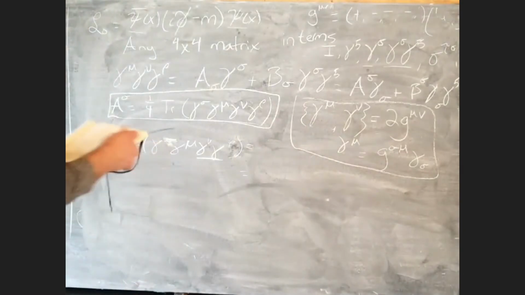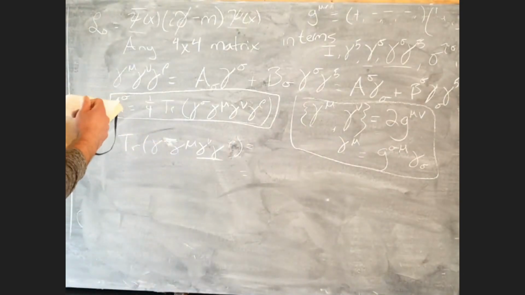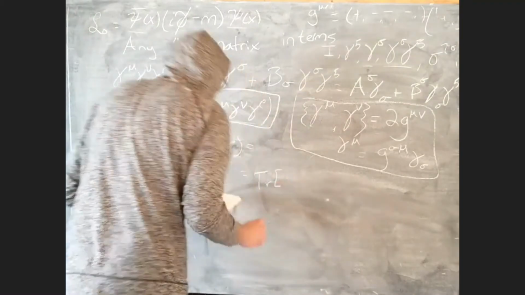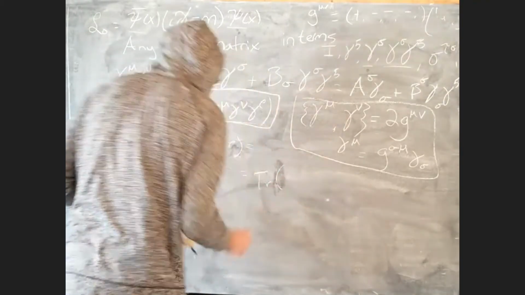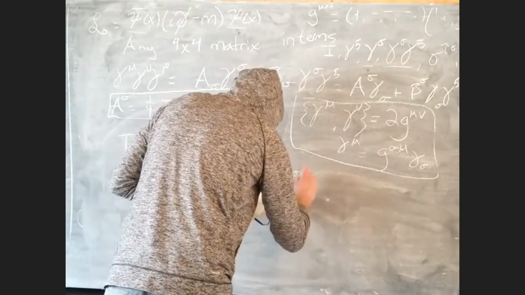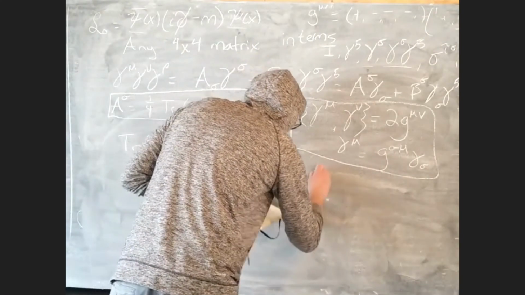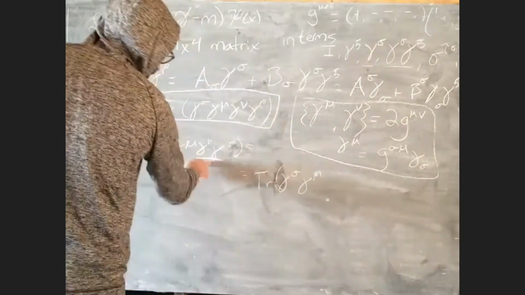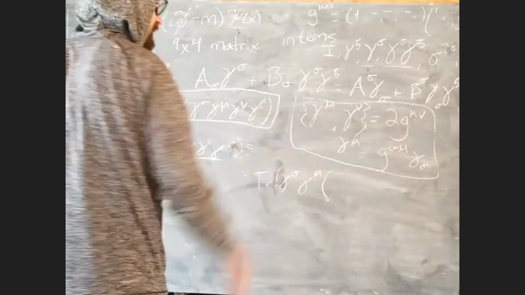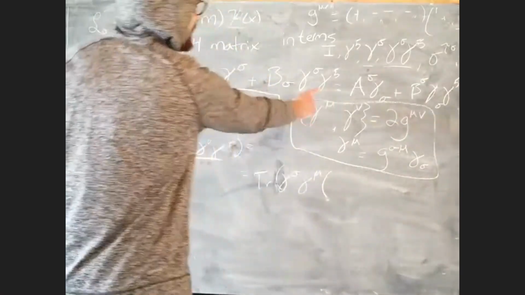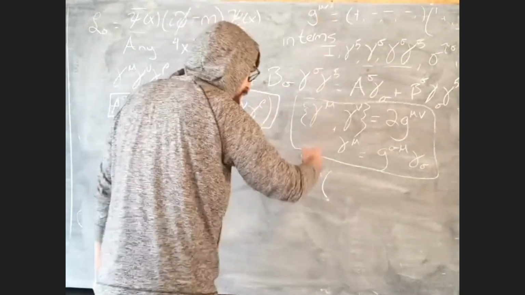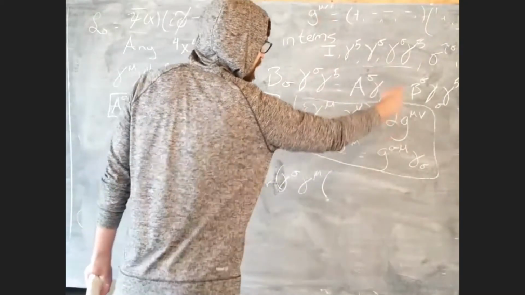We can rewrite this, and we will. I'm going to have to erase all this in a minute so I can have room to write. But we can rewrite this basically as the trace, let's use rounded brackets, the trace of gamma sigma, gamma mu, and we're going to take this element and replace it with the other side of this. So if you write out this anti-commutator, you get gamma mu, gamma nu, plus gamma nu, gamma mu, is equal to 2g mu nu.